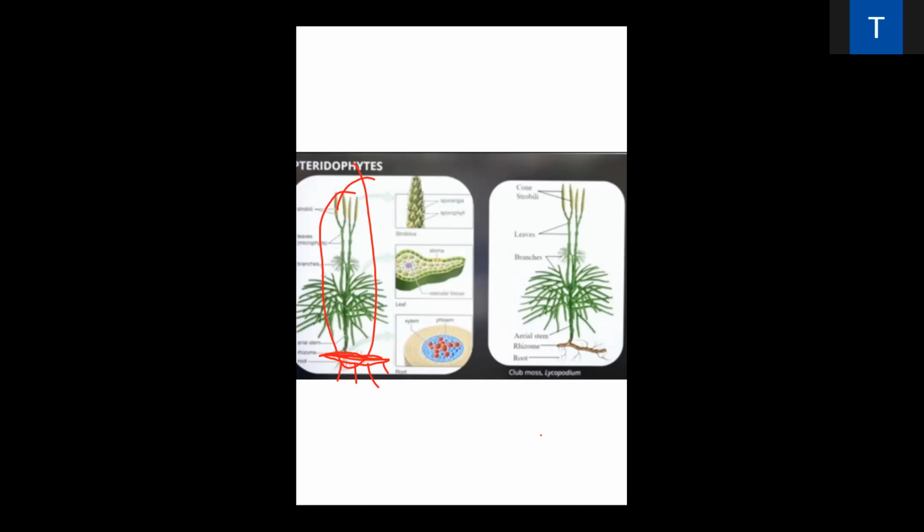Now, the leaves. Here the leaves are very small, and they are called microsporophylls. Small leaves are called microsporophylls.